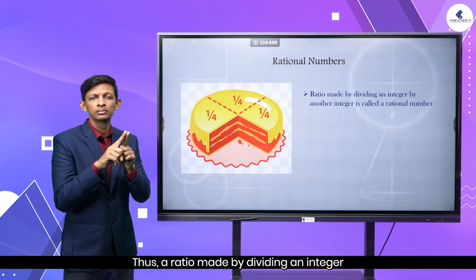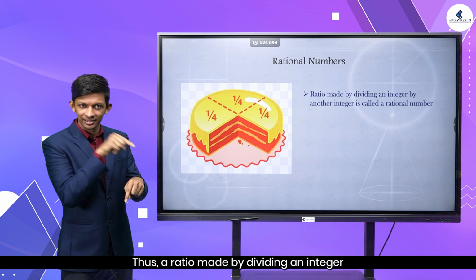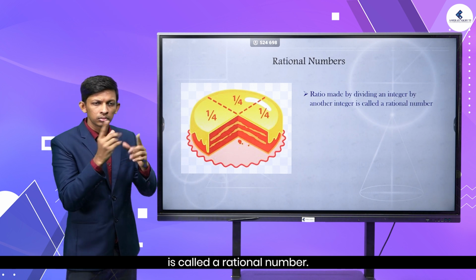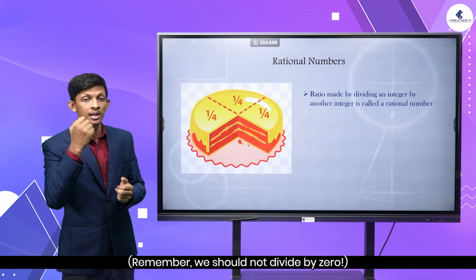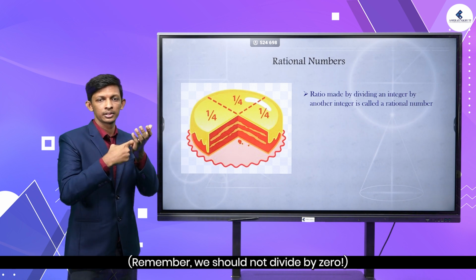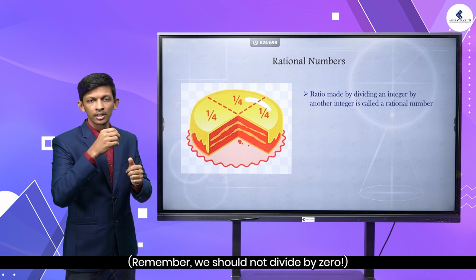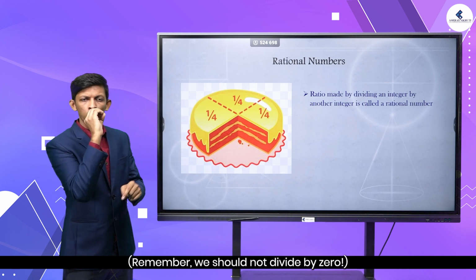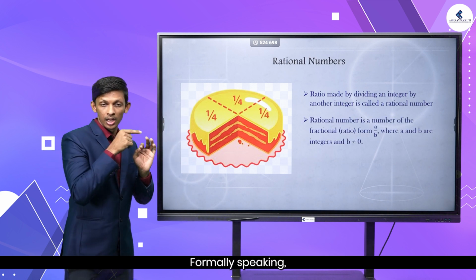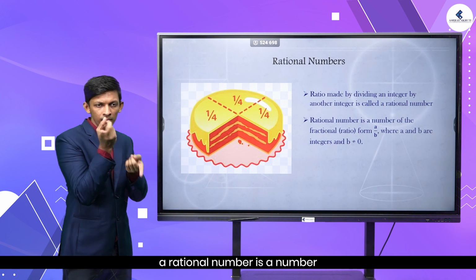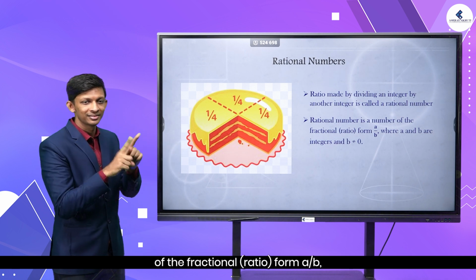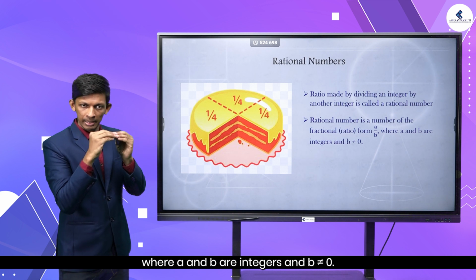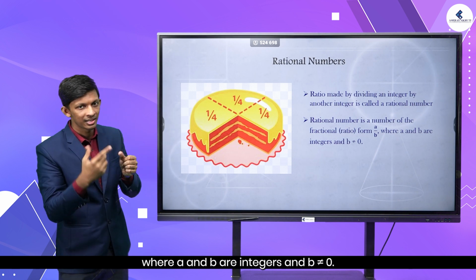Thus, a ratio made by dividing an integer by another integer is called a rational number. Remember, we should not divide by 0. Formally speaking, a rational number is a number of the fractional ratio form a by b, where a and b are integers and b is not equal to 0.